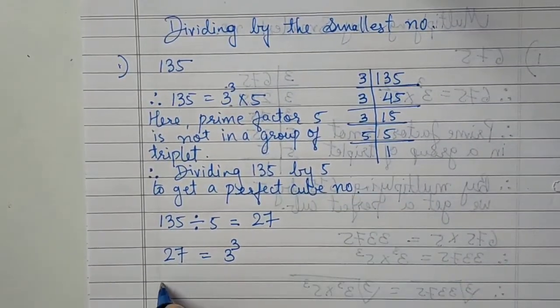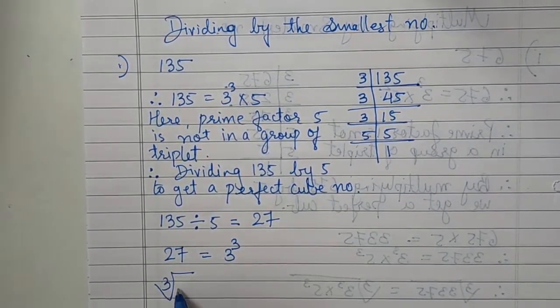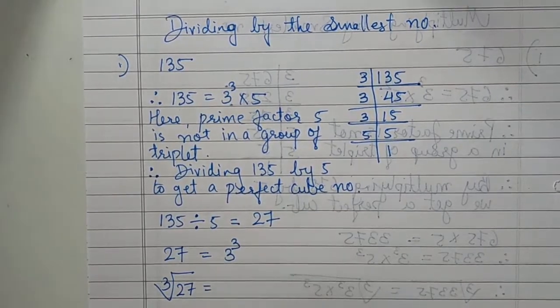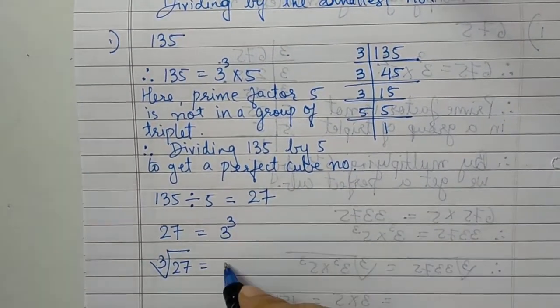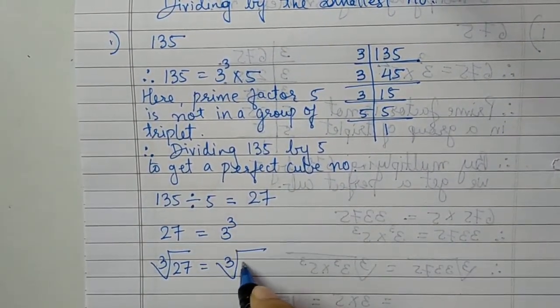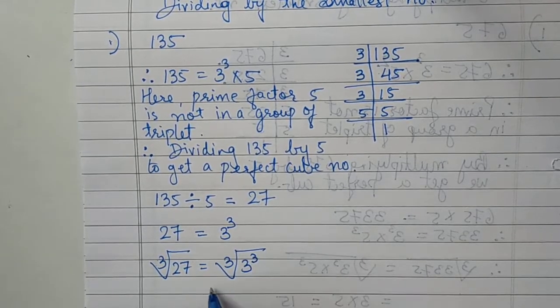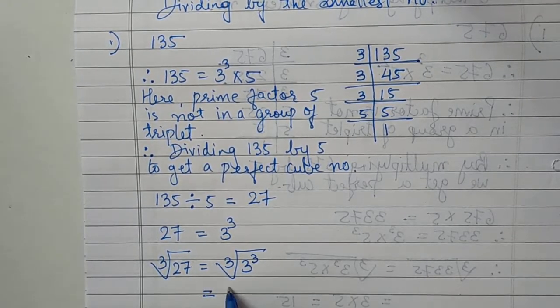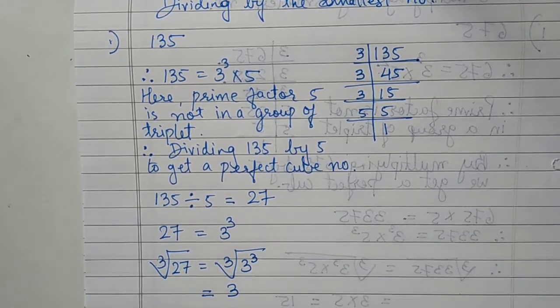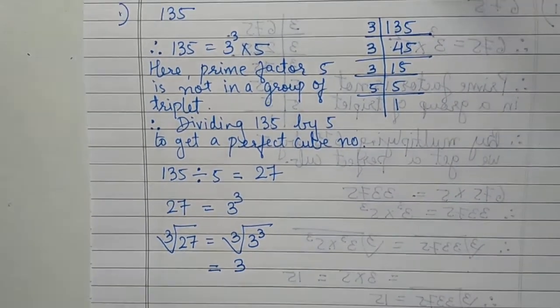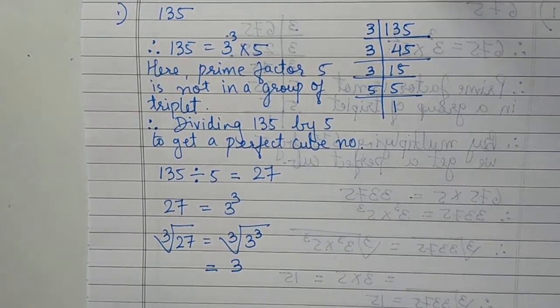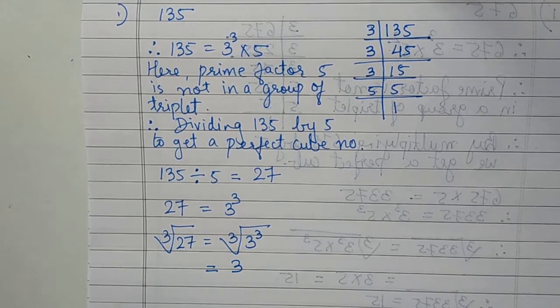Now we have to find the cube root of 27. So that will be the cube root of 3 cube. From the right hand side we can remove both the signs. So the cube root of 27 is 3.